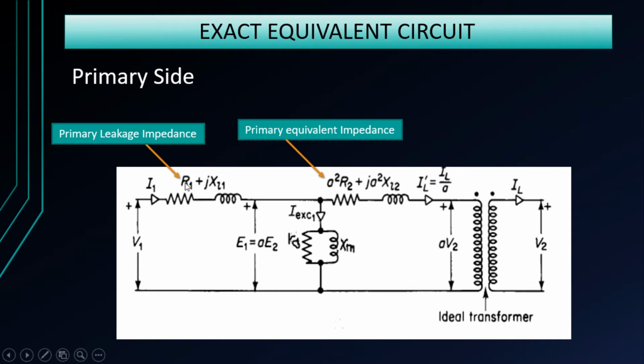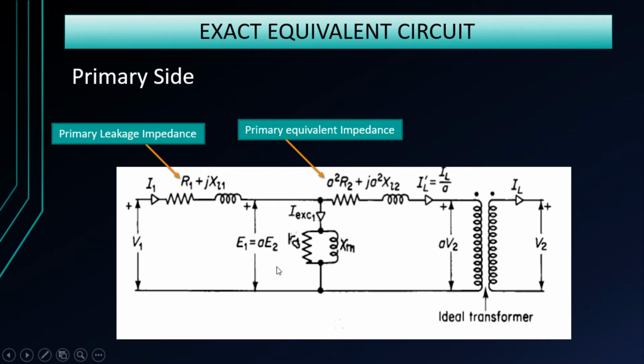Here we have the R sub 1 plus jX sub 1 or the primary leakage impedance. In transformer, common na itong R sub 1, itong primary leakage impedance. Meanwhile, after that, we have the E sub 1 or the effective primary voltage induced by the mutual flux.